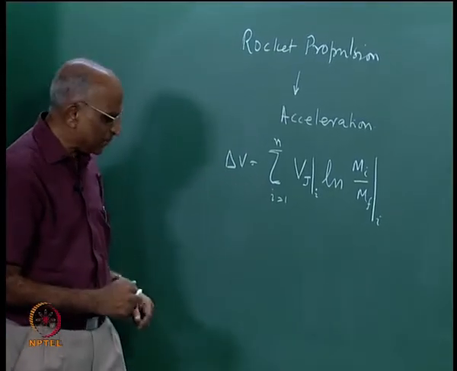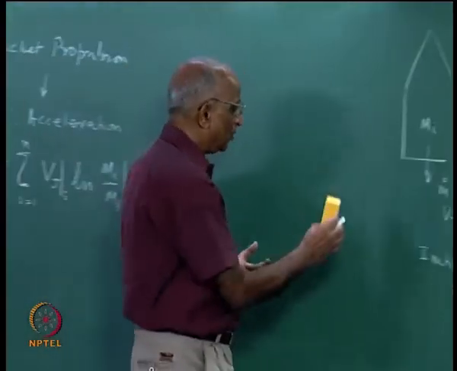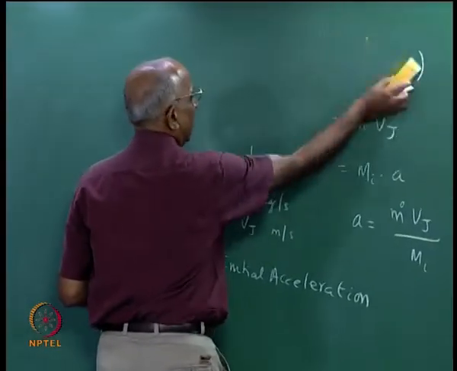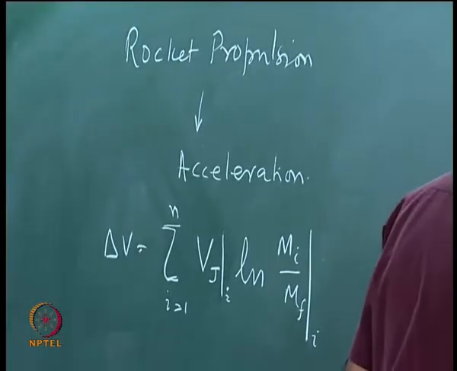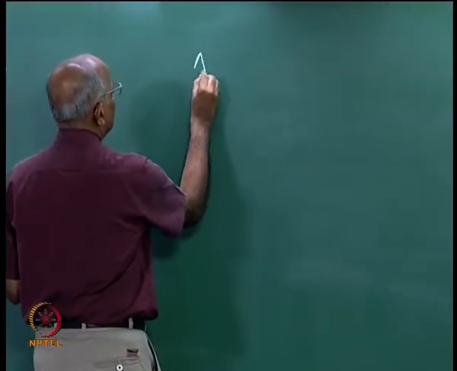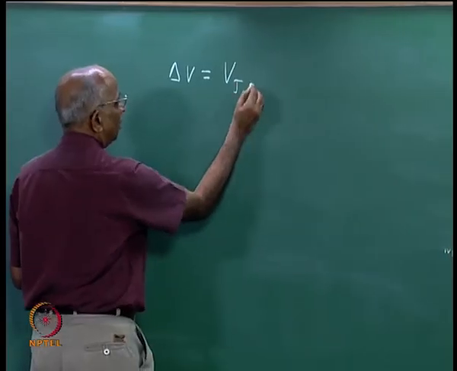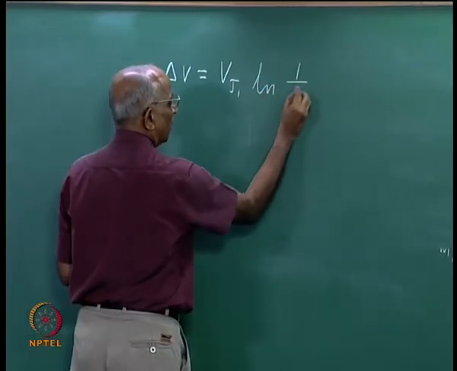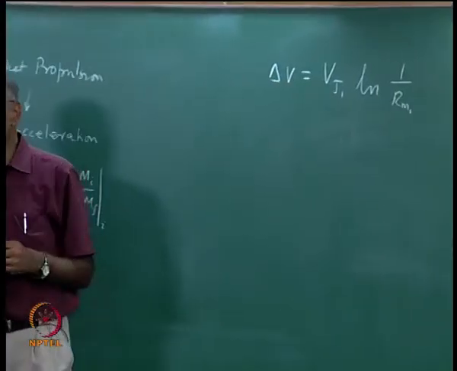In a theory class we should also try to simplify and get the terms together. If I were to simplify things, delta V is equal to Vj1 ln of 1 over the mass ratio 1, does it make sense to you?